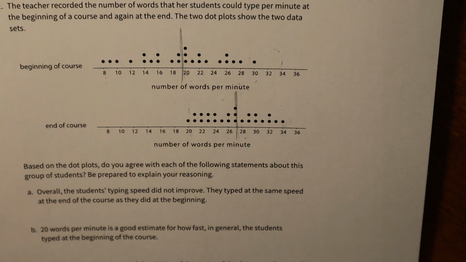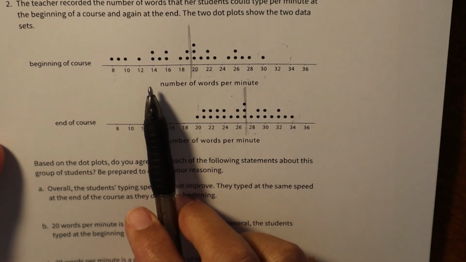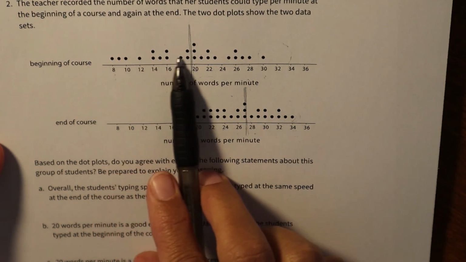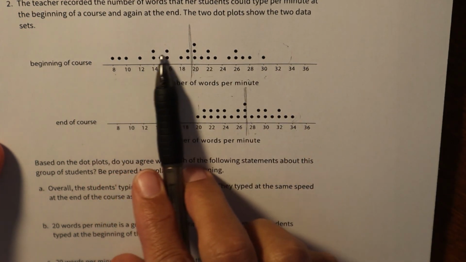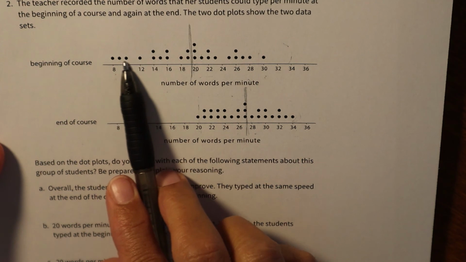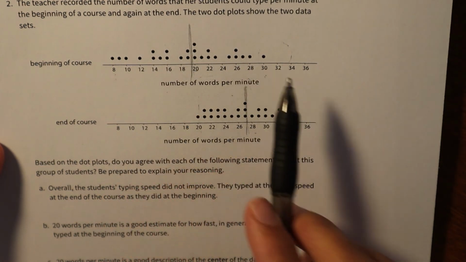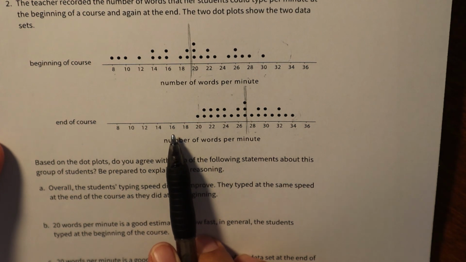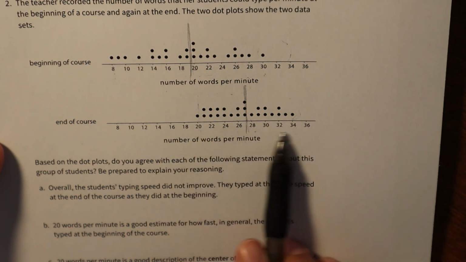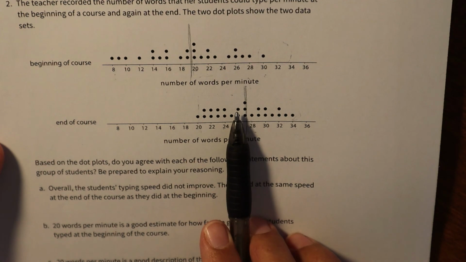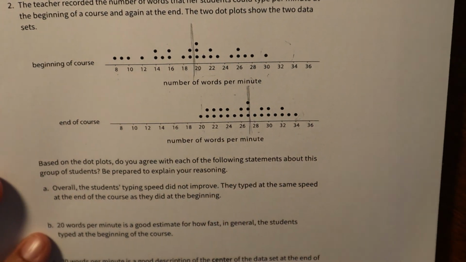Well, let's look at our two plots, okay, right there. And we see that there's a lot of variability at the beginning of the course because our data is spread all the way out from 8 all the way to 30. But if you look at the end of the course, there is not that much variability in the data. That's more compacted, more pushed together.